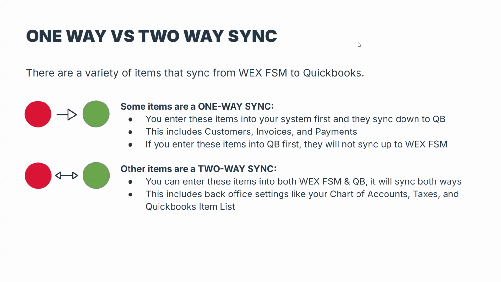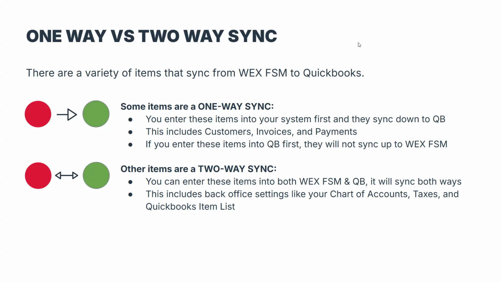Those are one-way sync items. We also have two-way sync items, and those will be like your QuickBooks back office settings, your chart of accounts, your taxes, your QuickBooks item list. And those are a two-way sync, which means that you can edit those in QuickBooks and they will sync up to WEX FSM.